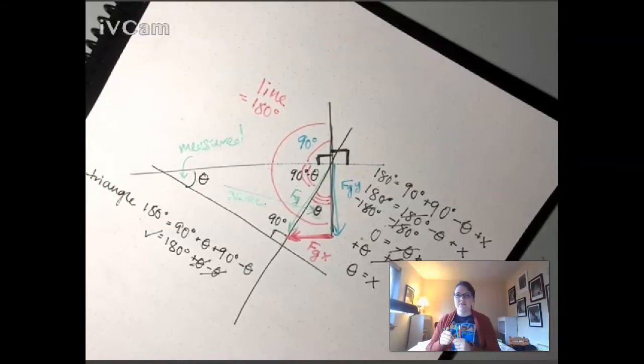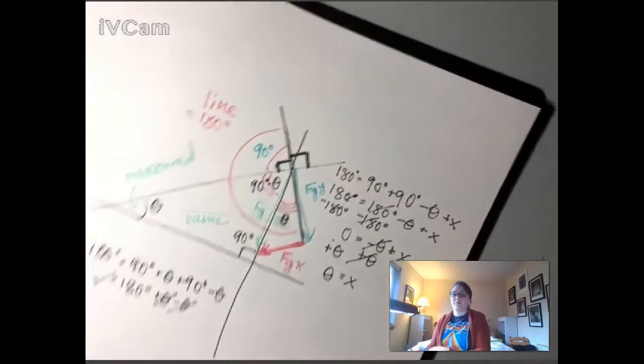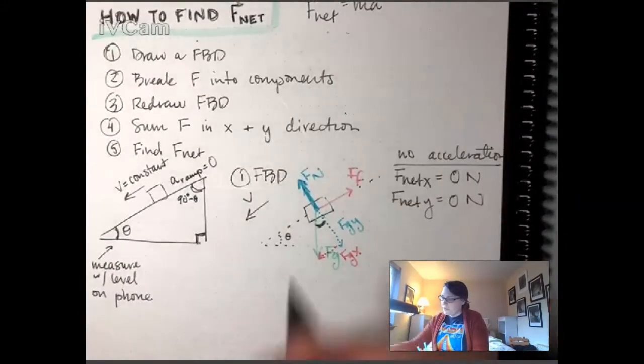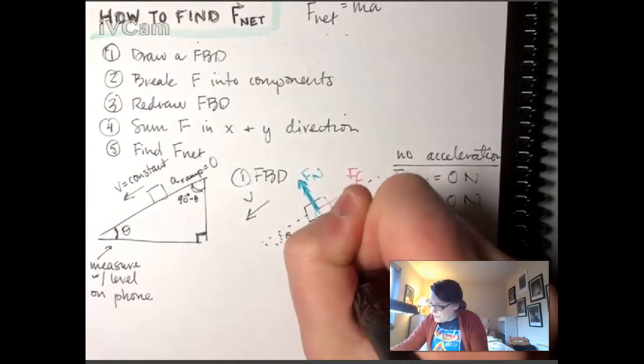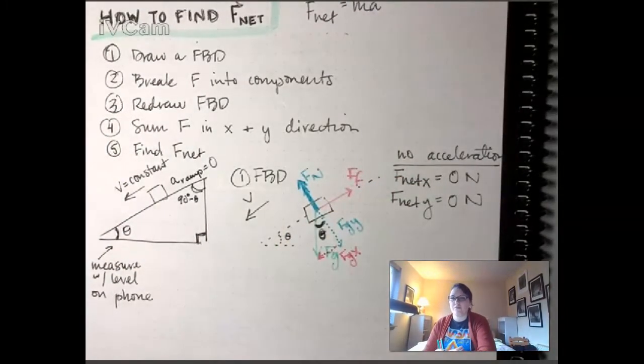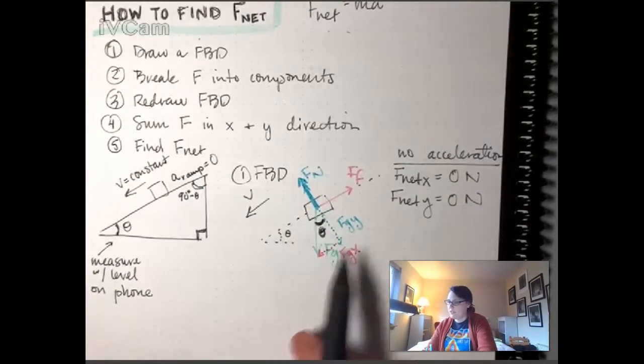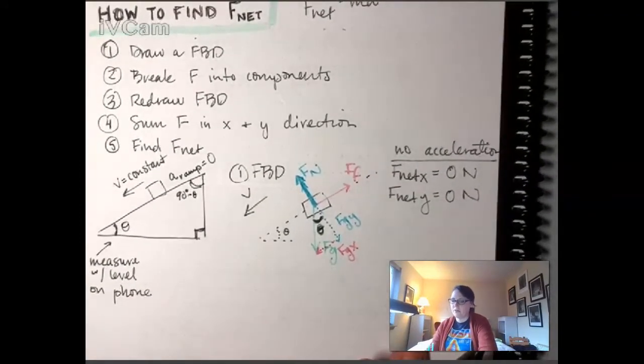Go ahead and take a second. Make sure that that makes sense to you. Okay, so I'm going to go back to my physics problem. So my story problem right here, I've got that this angle right here is theta, same theta I measured with my level. So now I'm ready to find these components of the triangle.